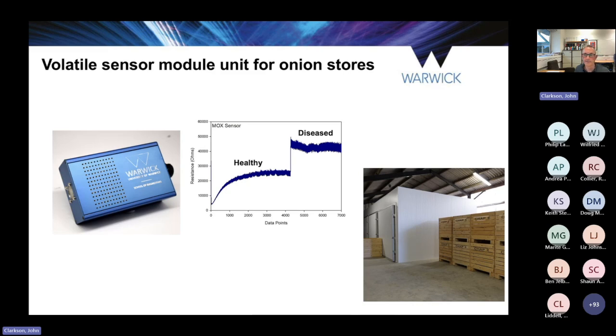These have currently been tested in experimental stores at ADAS, but the next step this year is for this box to go to commercial stores, with the idea of seeing whether we can pick up the development of Fusarium during the curing and drying process. Hopefully more results will come on that later in the project.